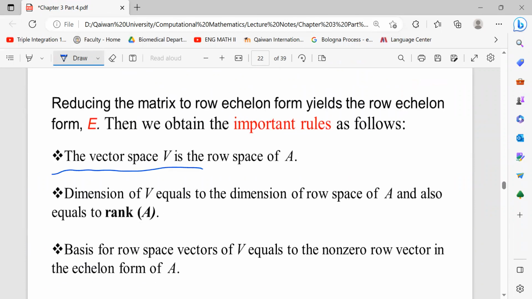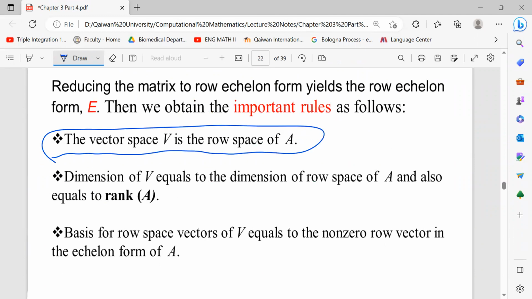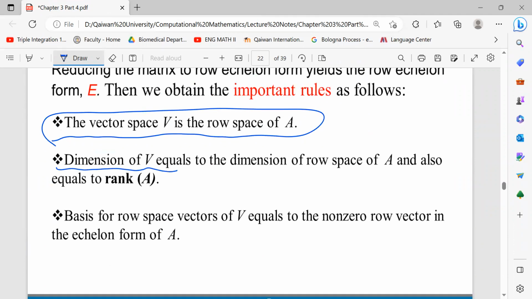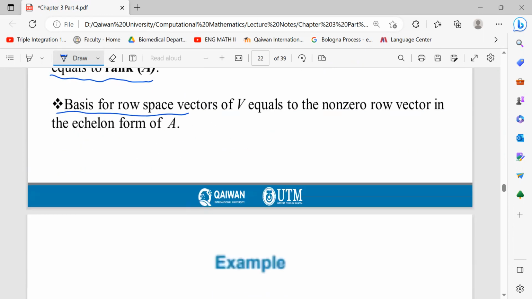Here, the vector space V is the row space of A. Here, dimension V equals the dimension of the row space of A, which also equals the rank of A. It's the same as above. The basis is the set of all non-zero rows.